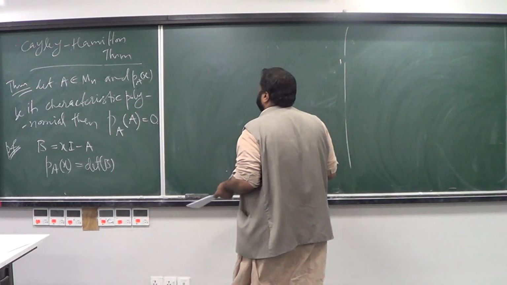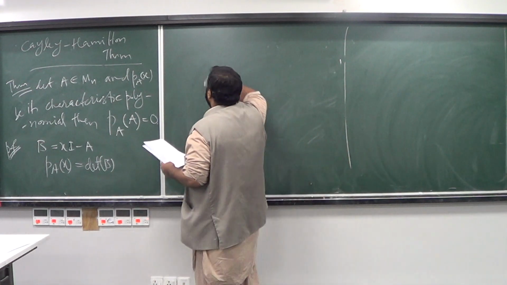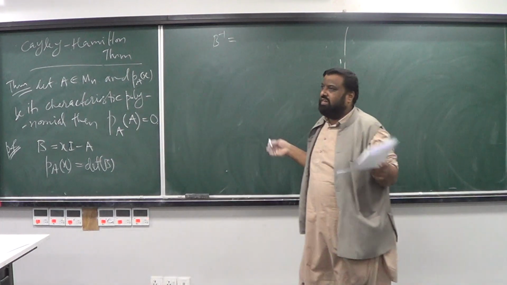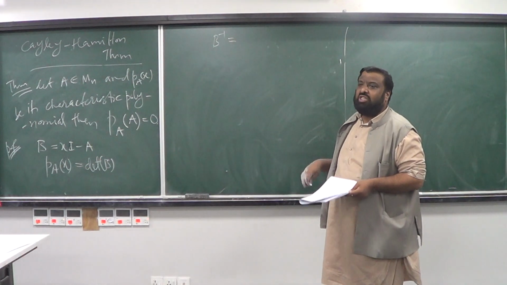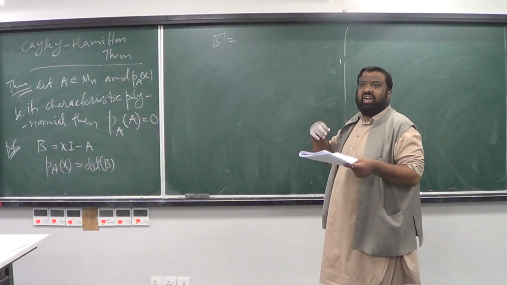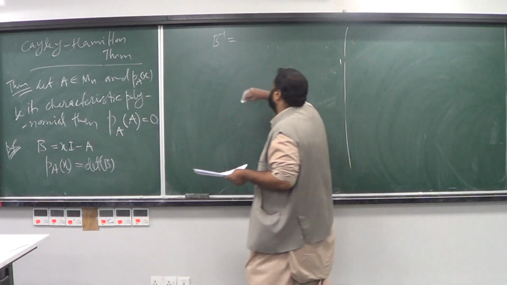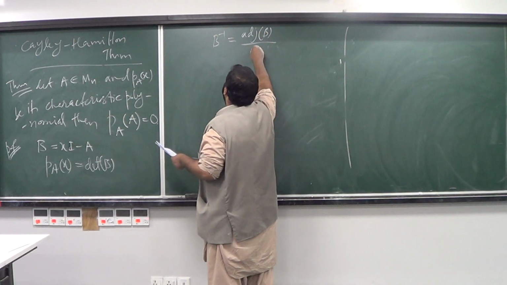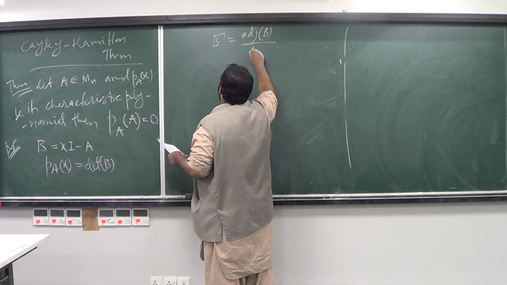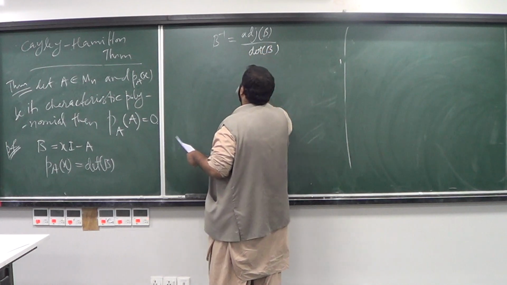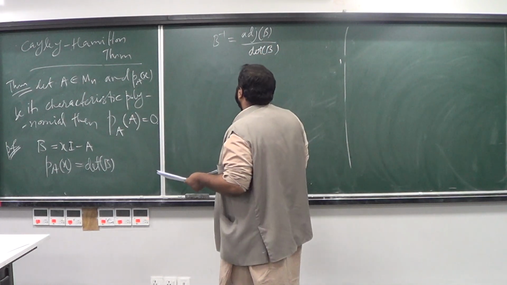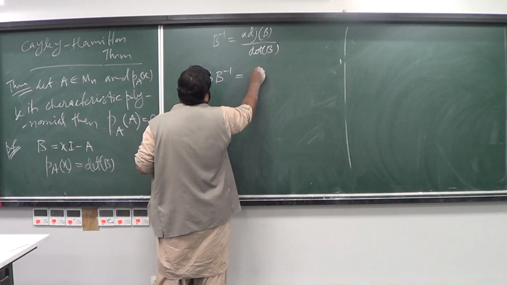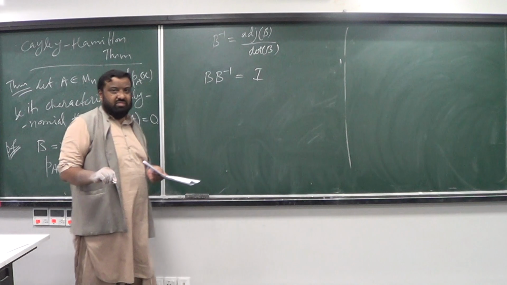Let me recall quickly something interesting. How do you compute the inverse of a matrix? There are several ways, but you can calculate it through the adjugate or adjoint of the matrix. So we know that it's the adjoint of the matrix B divided by the determinant of the matrix B. Okay? And if this is the case, and I take B times B inverse, this is going to give me the identity.